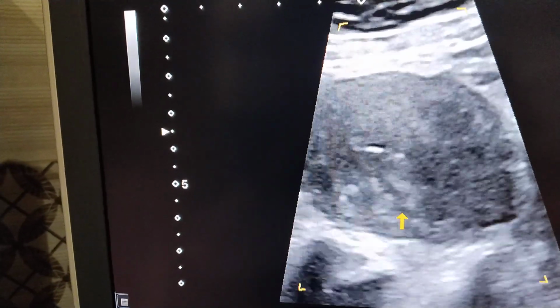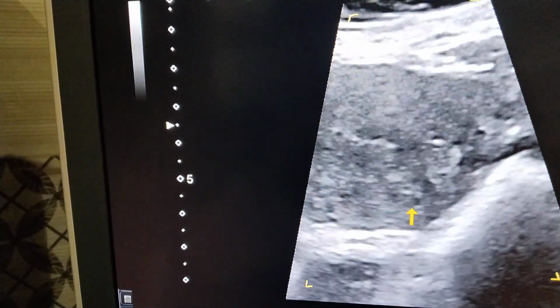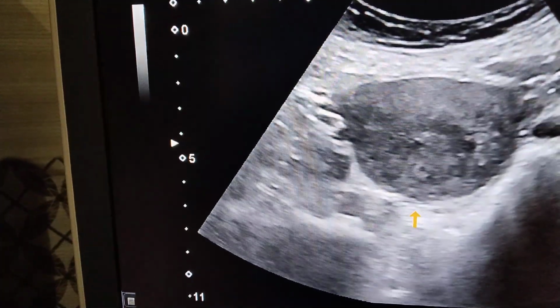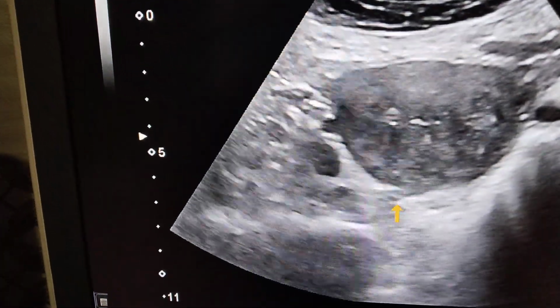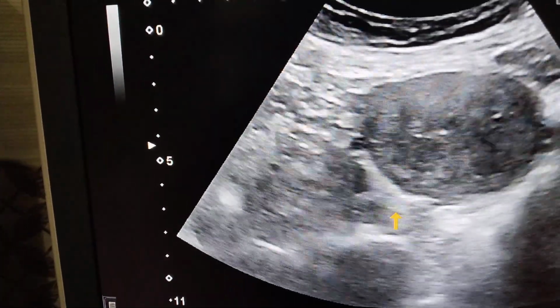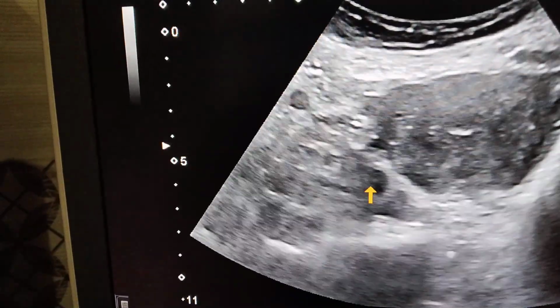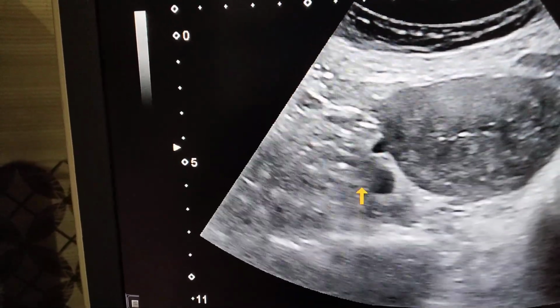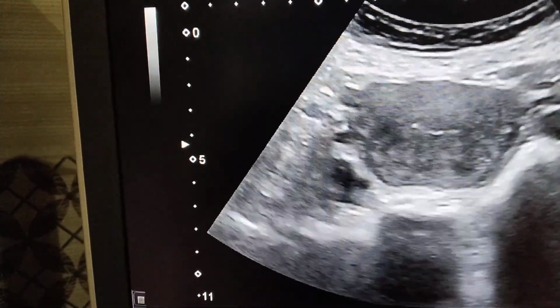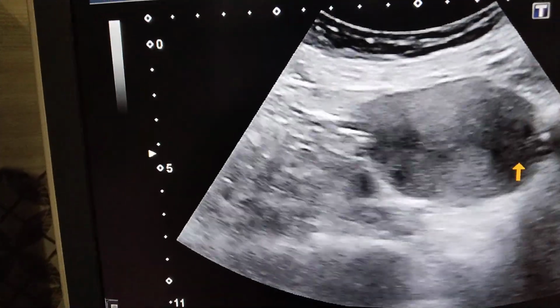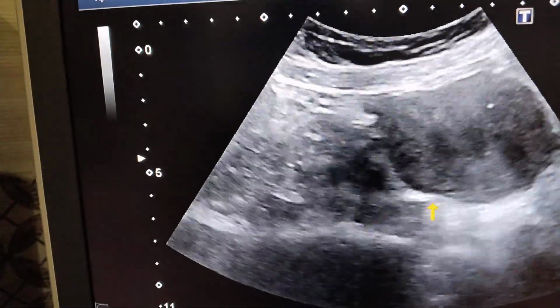Now we see what is the cause of pain in the right side of the abdomen. This is the ovary, this is the left, both are looking normal.